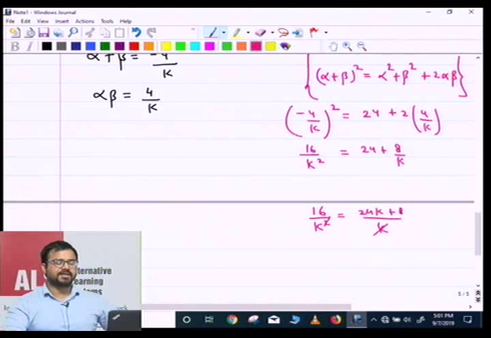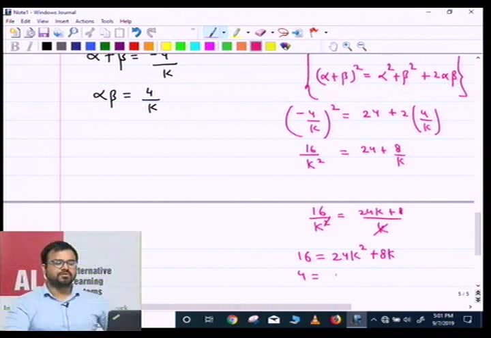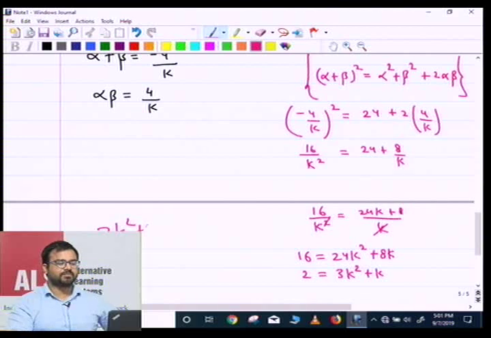This k and k will get cancelled out, and on cross multiplying we will get 16 is equal to 24k square plus 8k. We can divide the complete equation by 8, so it will be more simplified. So finally the equation is 3k square plus k minus 2 equal to 0.